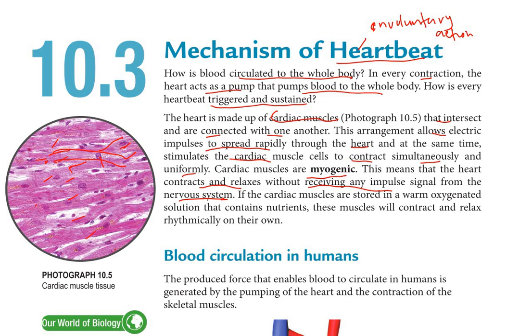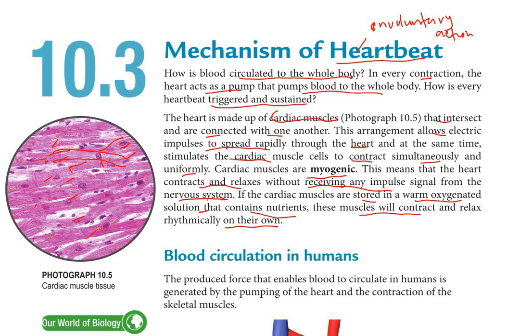Okay, so how do they know? Because if the cardiac muscles are stored in a warm oxygenated solution that contains nutrients, this muscle will contract and relax rhythmically on its own. So actually, if you take out these cardiac muscles from the heart and put them in a warm oxygenated solution with nutrients, they can contract and relax on their own.